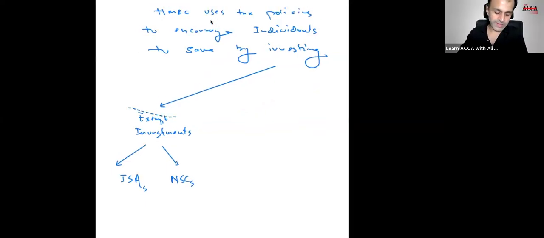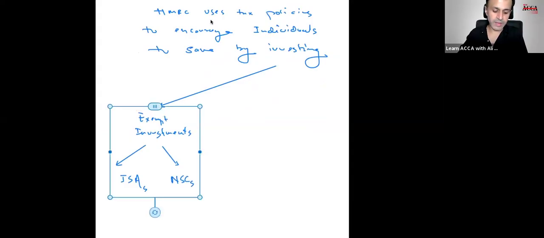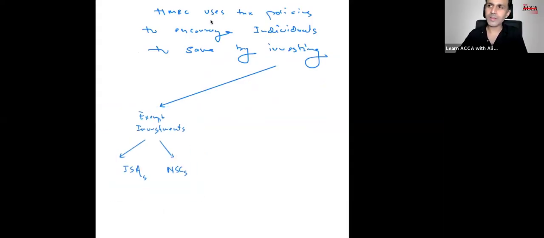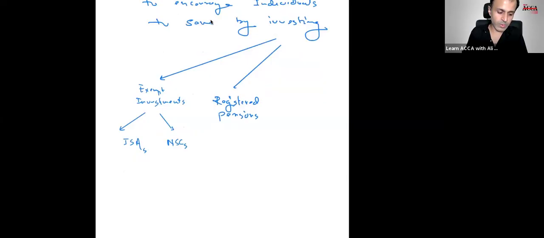So if they hold their investments in these two, they end up paying no tax. So the authorities encourage them to invest so that they end up saving tax. Or they can also invest in registered pensions. There are two registered pension schemes. The one is called an occupational pension plan. The second one is called a personal pension scheme. So when they invest into those pension plans, they end up getting the benefit of tax, and you know very well what benefit of tax they do get out of it.